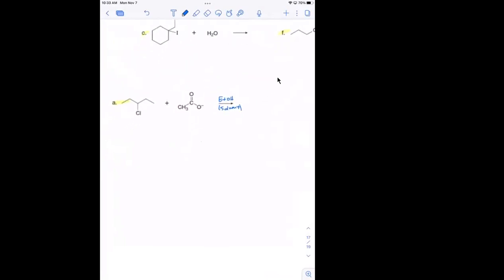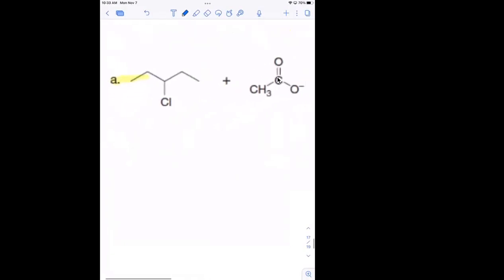So let's identify substrate, nucleophile. I'm giving you the solvent, so we're going to determine if that's protic or aprotic. And then we'll write the product. So your substrate, how do we classify it? Is it primary? Is it secondary? Is it tertiary? And where's my leaving group?